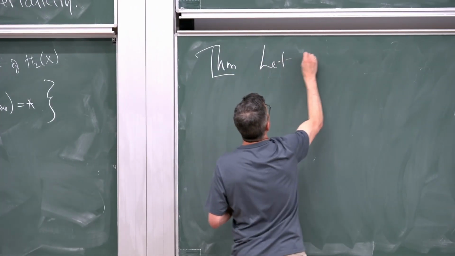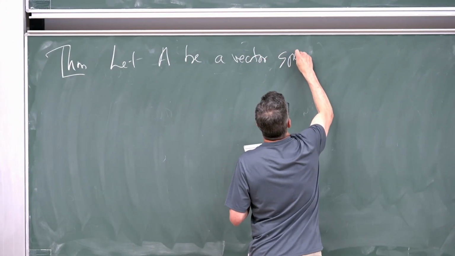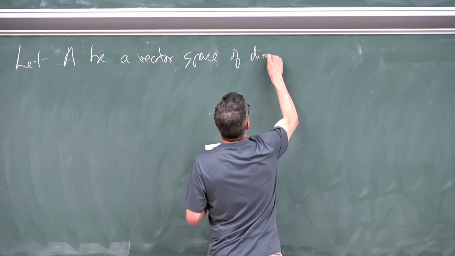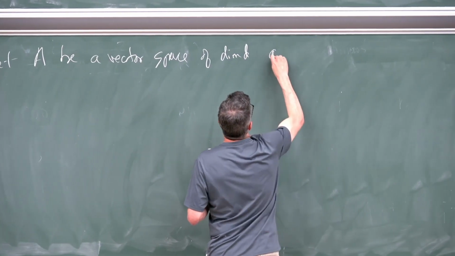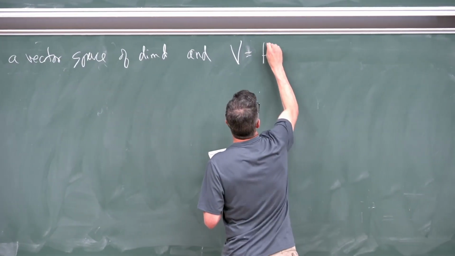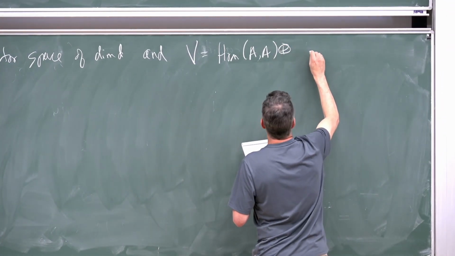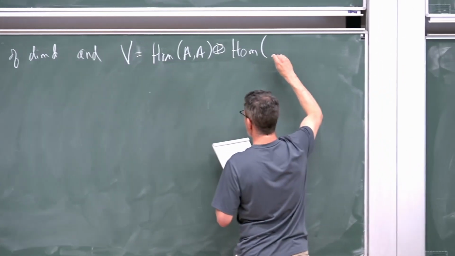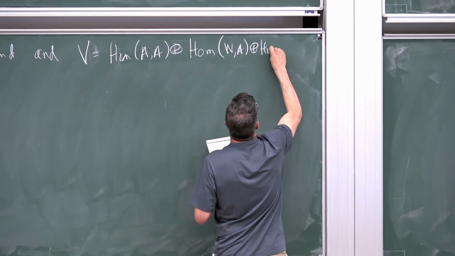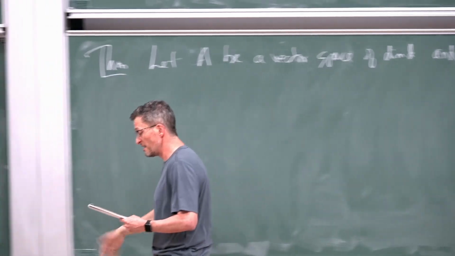So let's let A be a vector space of dimension D. And, well, V is a space coming from a quiver representation. So let me just write it out a little explicitly here, but then I'll put it in a way that we all like to visualize it. And these tiny pieces of chalk.